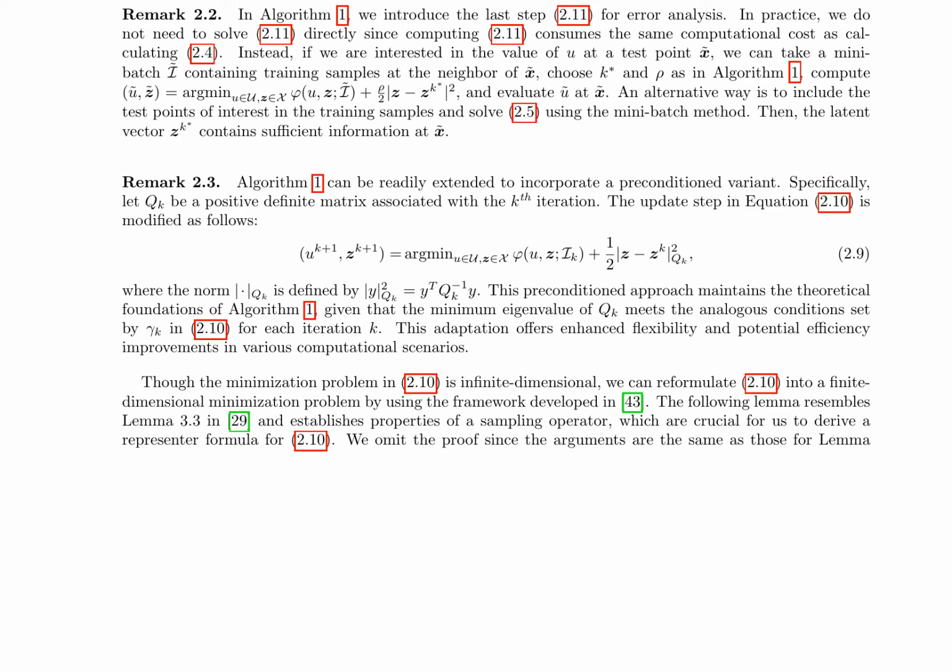Finally, the paper discusses the reformulation of the infinite-dimensional minimization problem in equation 2.10 into a finite-dimensional one, utilizing the framework developed in [43]. A lemma resembling lemma 3.3 in [29] is introduced to establish properties of a sampling operator, crucial for deriving a representer formula for equation 2.10.